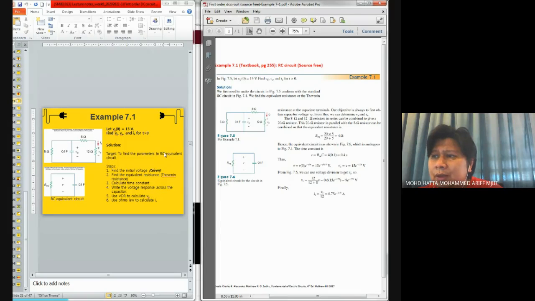Why do we need to find parameters in the RC equivalent circuit? The first thing we need to do is set up something which just looks like this: a single resistor and a capacitor.